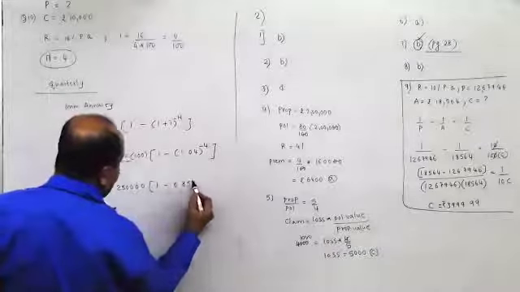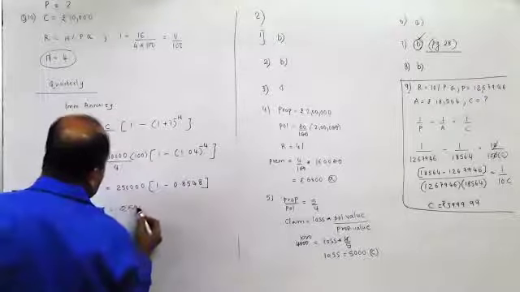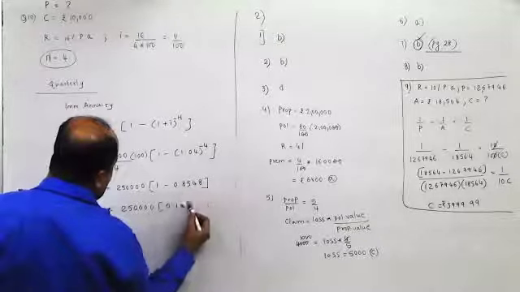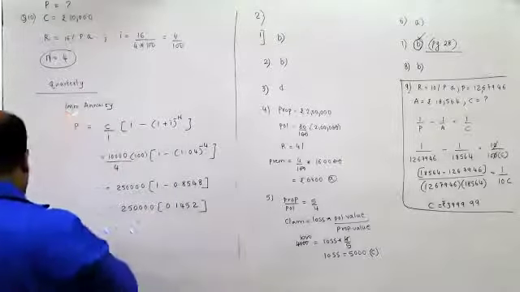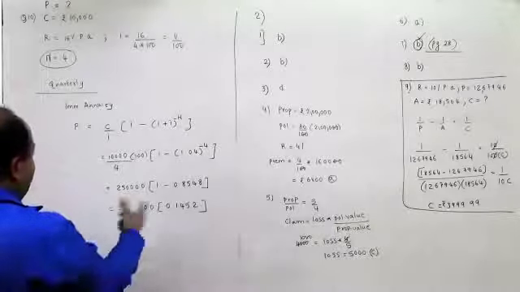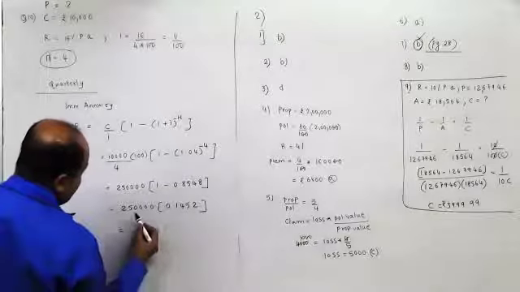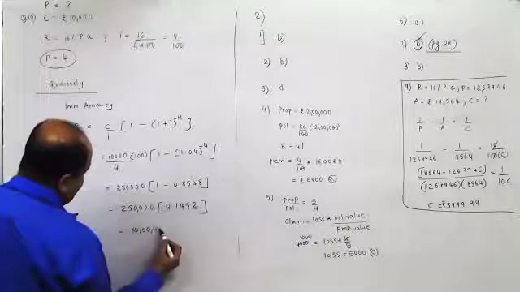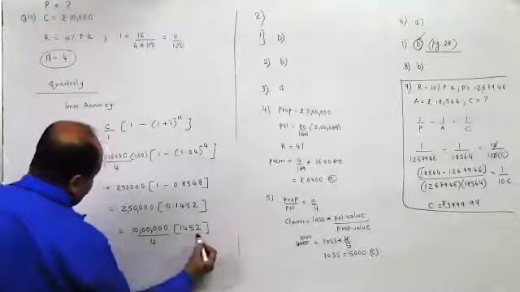0.8548. So when I subtract it, 25 into 0.1452. 9 minus 8 is 1, 9 minus 5, 9 minus 4, 10 minus 8. So 2,50,000, in fact we can divide and multiply by 4. When I multiply, I'll get 10 lakh upon 4 into 1452.